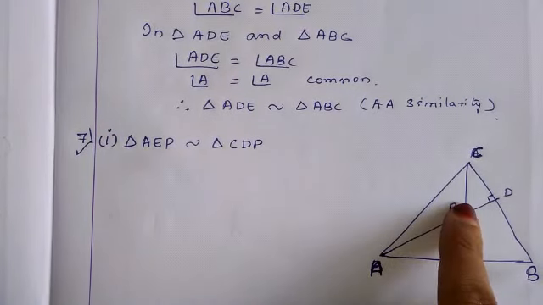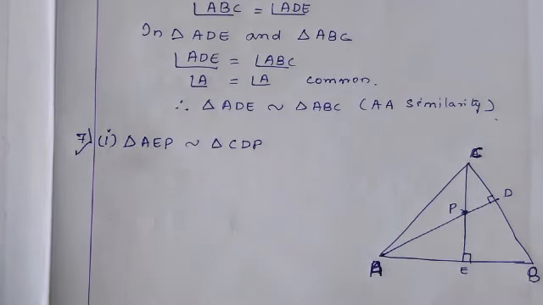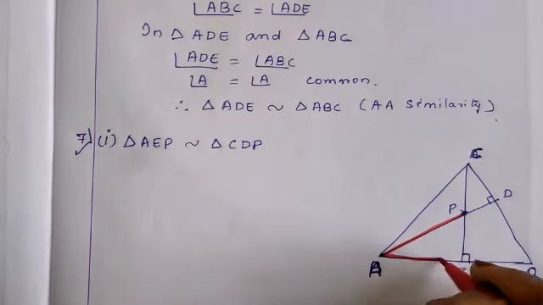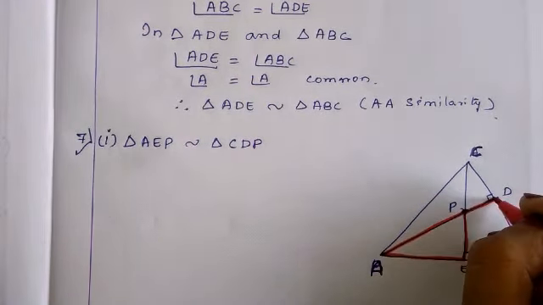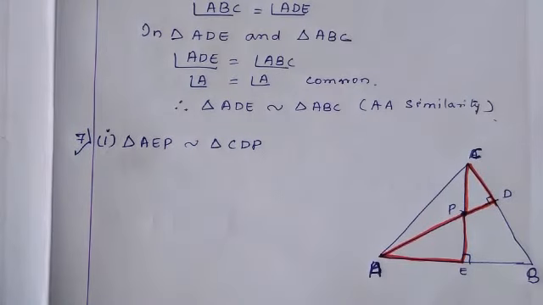AEP is similar to CDP. We have to prove this. Okay, I'll highlight which triangles we have to prove. AEP is similar to CDP. These two triangles are similar, we have to prove now. How can we prove it?